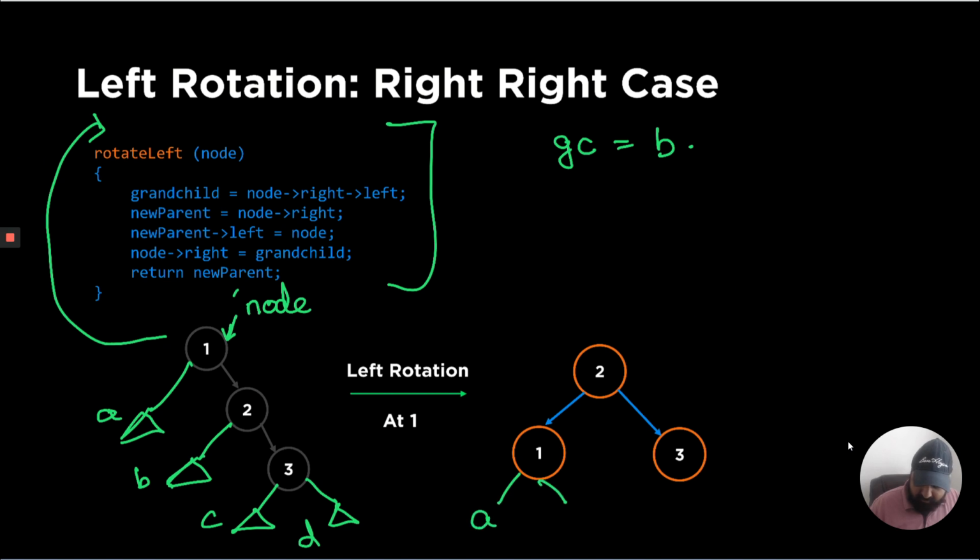So at the end of our tree, it should look something like this. Next, we are going to define new parent. So new parent is equal to node's right. So node is 1, node's right is this particular subtree, which is new parent will point to 2, that has all these extensions, which is B, and then 3 has C and D.